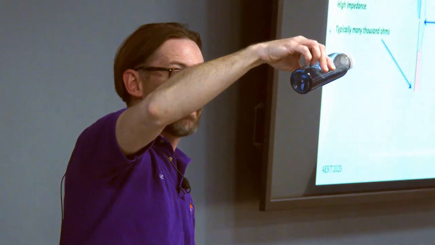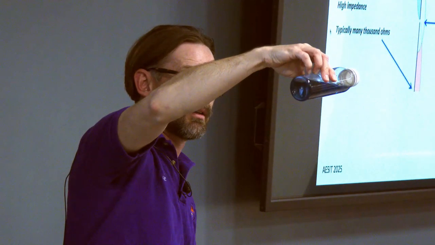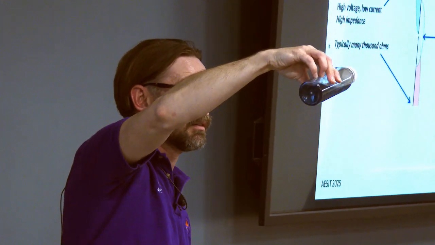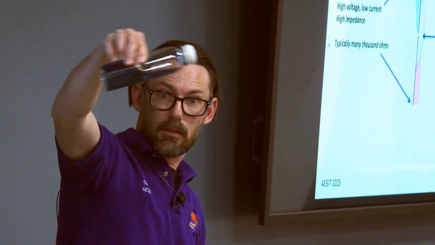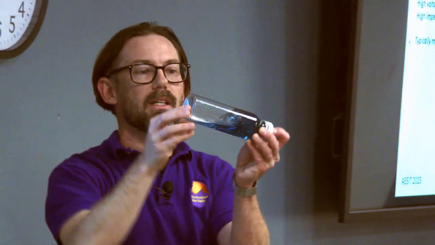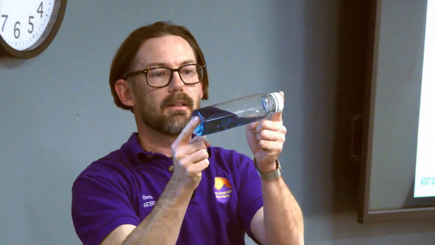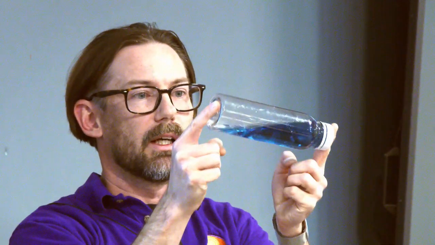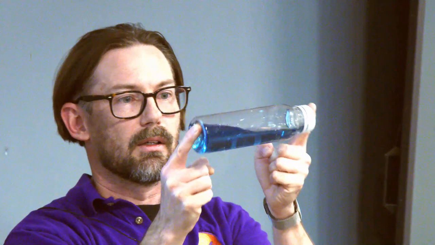As it gets sloshing back and forth, if everybody can see this, is this showing up on the camera, Dean? Okay. So we've got this little bottle of water to sort of represent our dipole that's getting fed with the signal. Like the water sloshes back and forth in this bottle, we have electrons sloshing back and forth in our antenna.